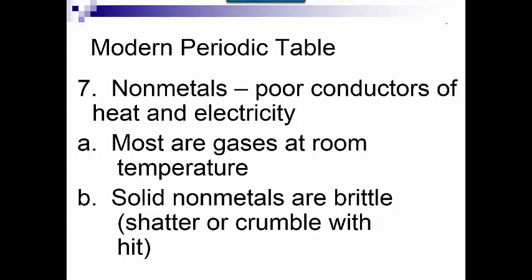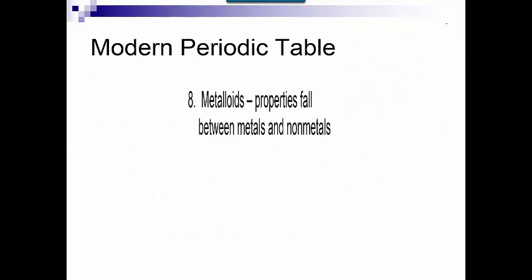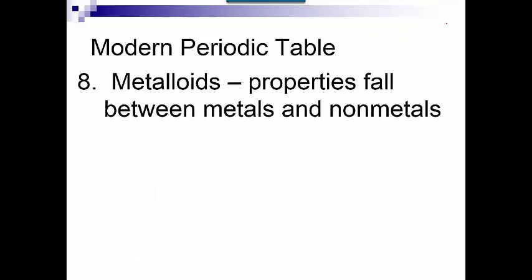And the solid nonmetals, again there's only a handful, are very brittle, meaning that if you were to try and bend it, it would just break in half or crumble in your fingers. And then that third group were metalloids, and metalloids kind of fall somewhere in between. They butt up against the metals and the nonmetals, so they have some characteristics of both.